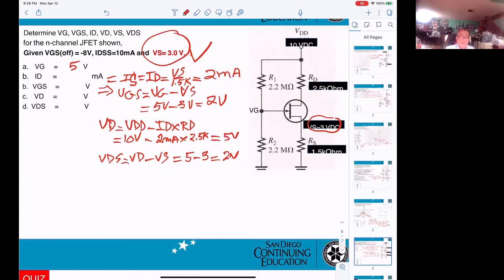You see the diode will be reverse, right? Okay, I understand your question. You can see VG you calculated to be 5 volt, and the other one will be 3 volt.